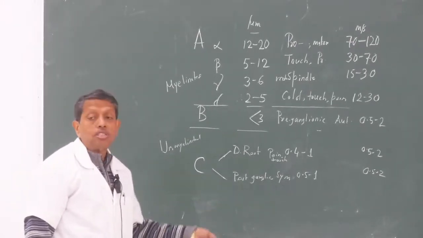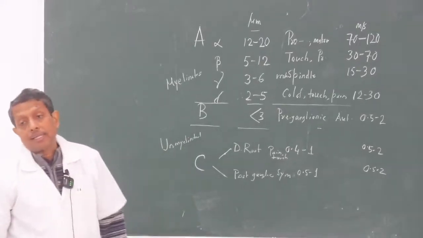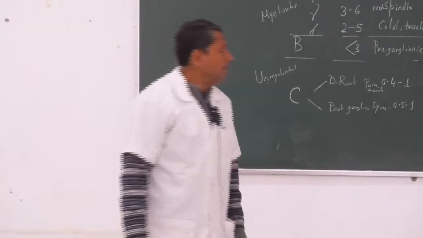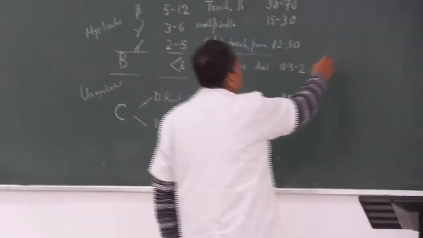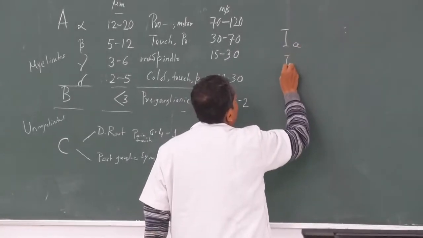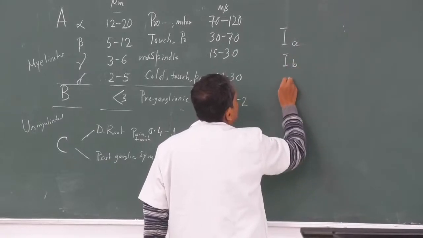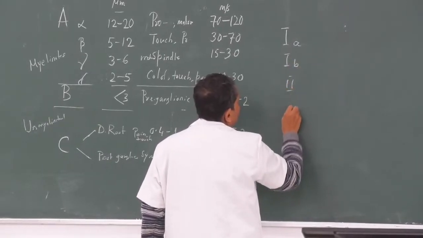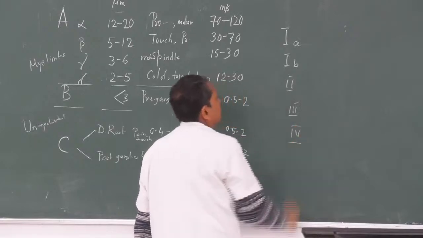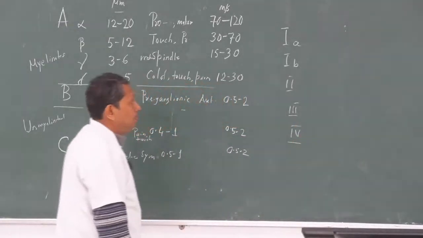But for the sensory system, there is another classification, the numerical system. 1A, 1B, classification in the sensory system only.